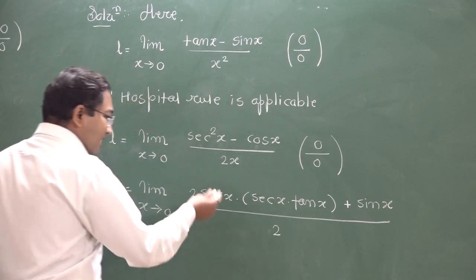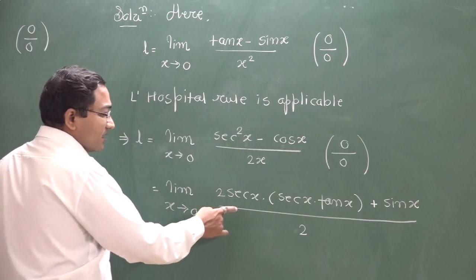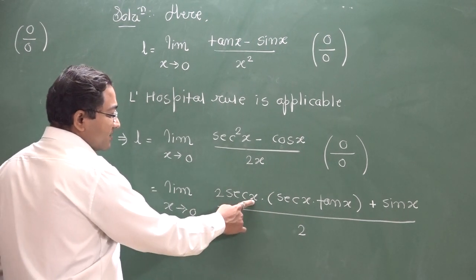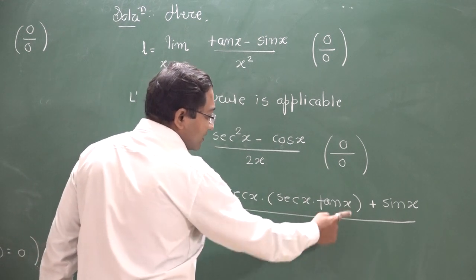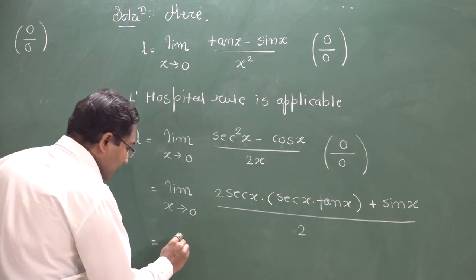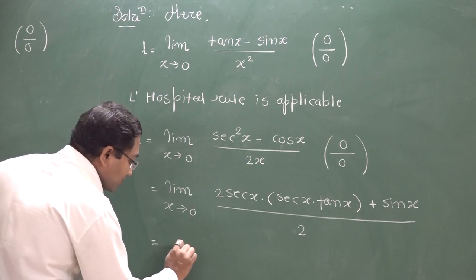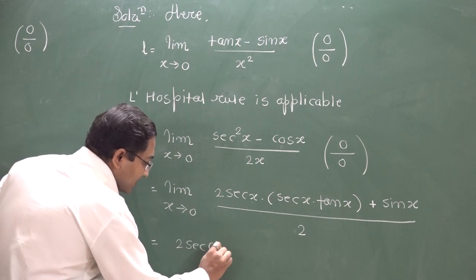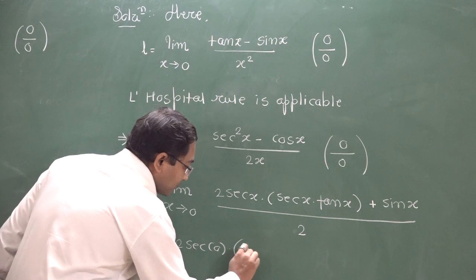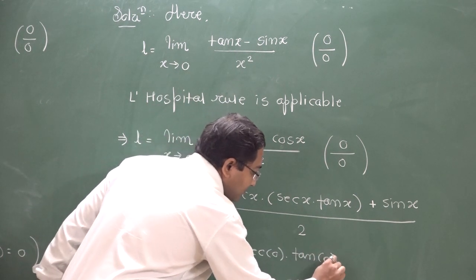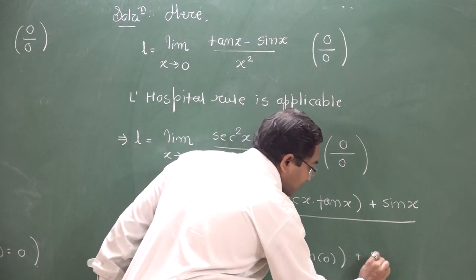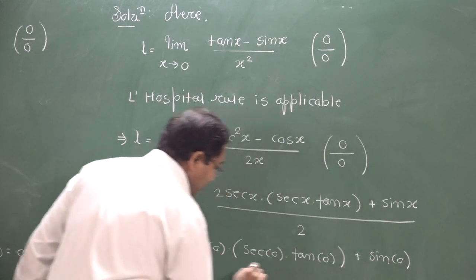So therefore we can directly substitute the limit in the given function. So here sec 0 is 1, sec 0 is 1, tan 0 is 0. Remember x tends to 0, so that is 2 sec 0 into sec 0 dot tan 0 plus sin 0, sin 0 is 0, upon 2.